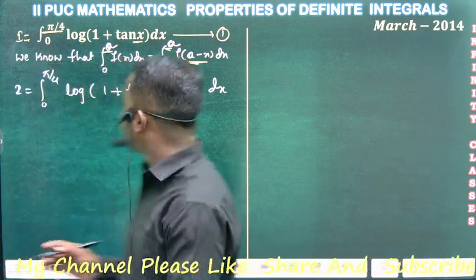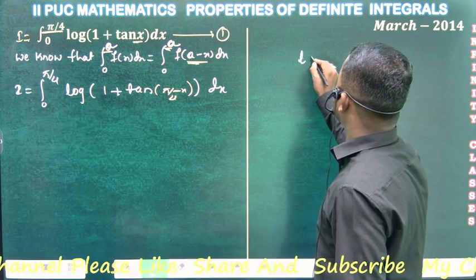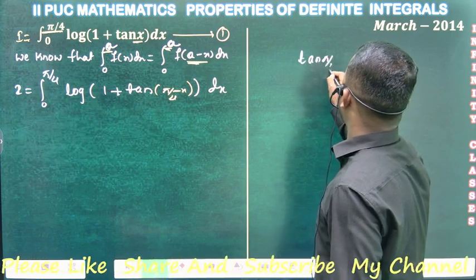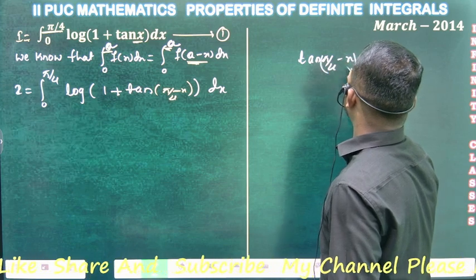Now applying the formula for tan of 5/4 minus x, that is the tan a minus b form.